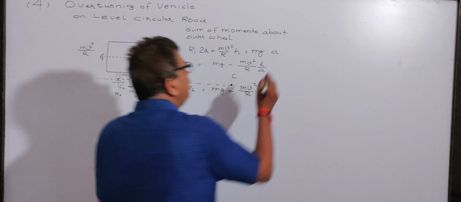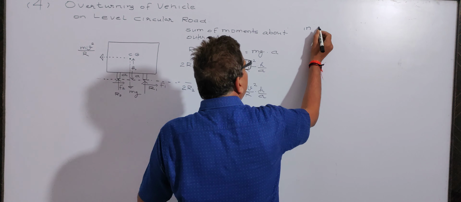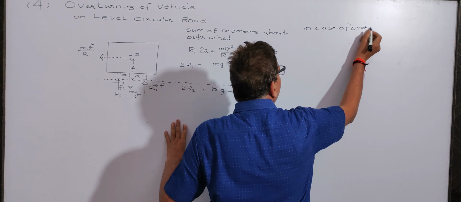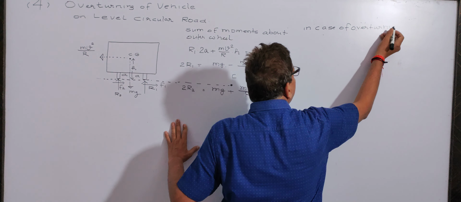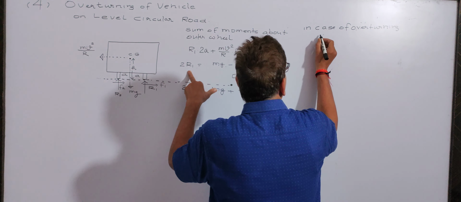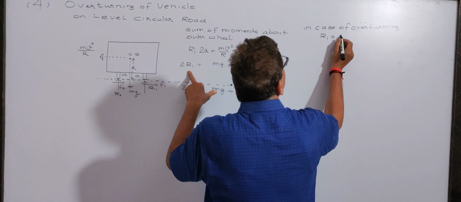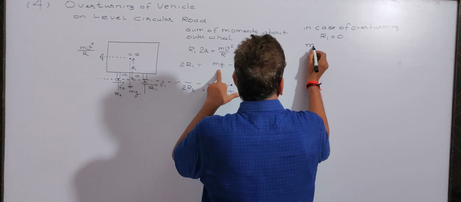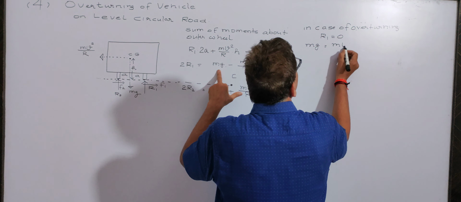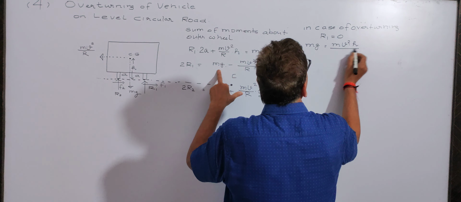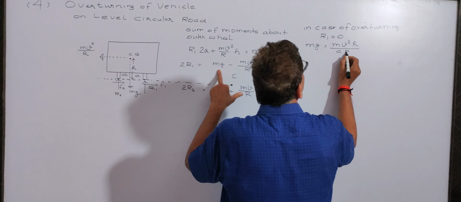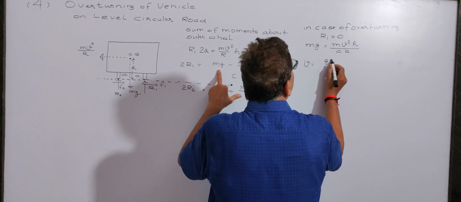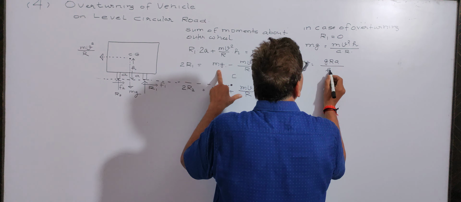So in case of overturning, R1, the reaction on the inner wheel, is 0, and from this expression I can say mg is equal to mv square h by a r, or v can be written as the square root of g r a divided by h.